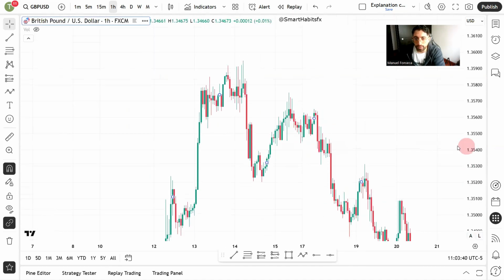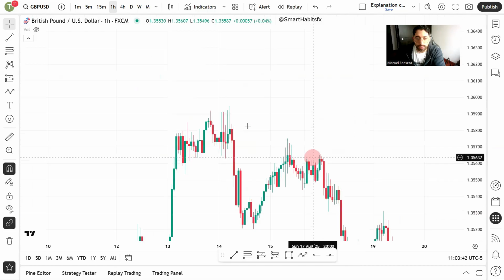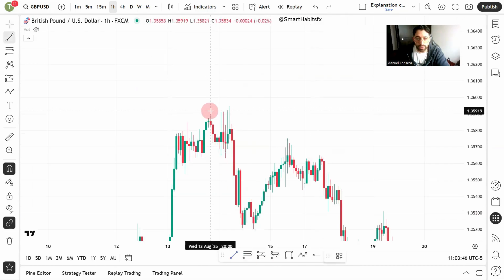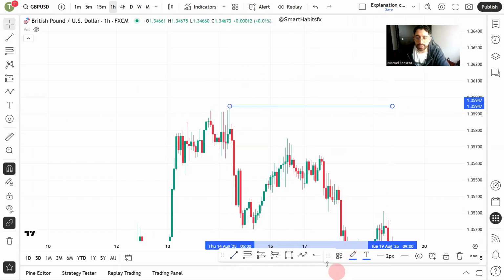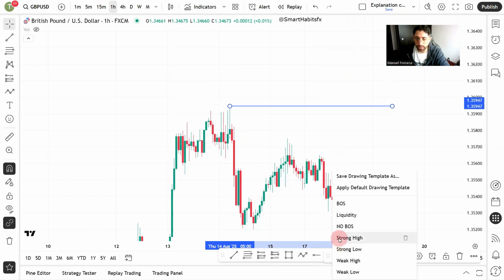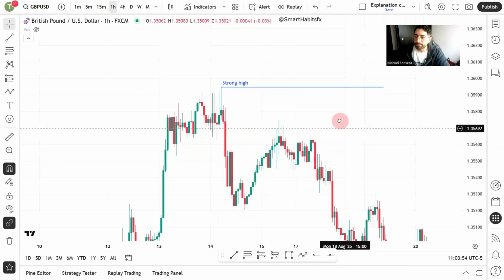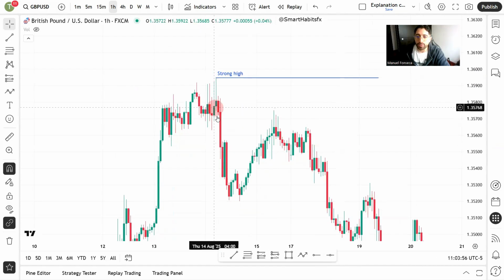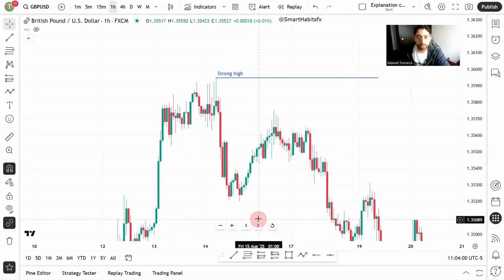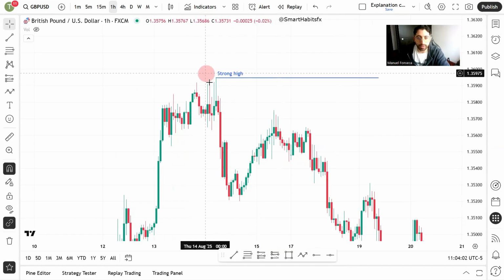All right, let's try to identify the next. Just by simple eye perception, we can identify that this is the higher high, right? And we can simply say that this is the strong high. But we need to confirm this by analyzing the swing high or swing low pattern, and I think here it is pretty evident.